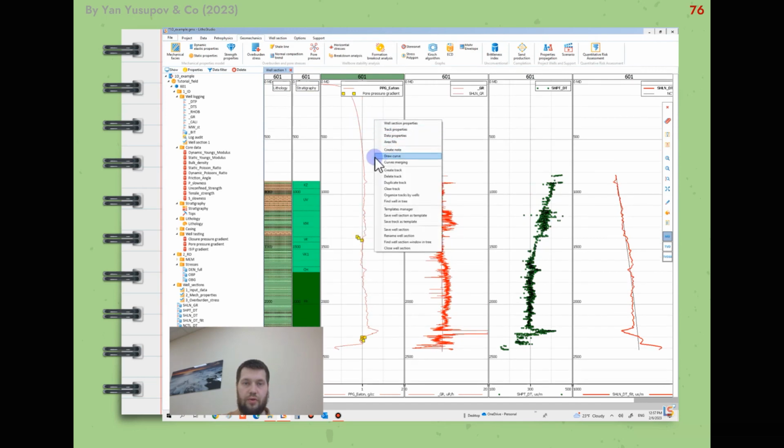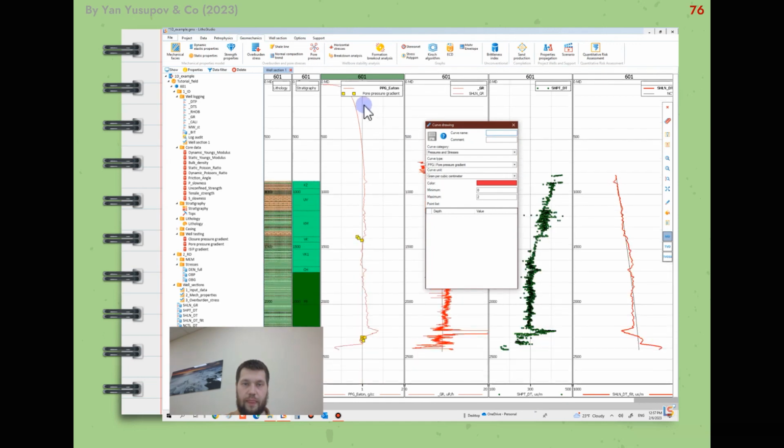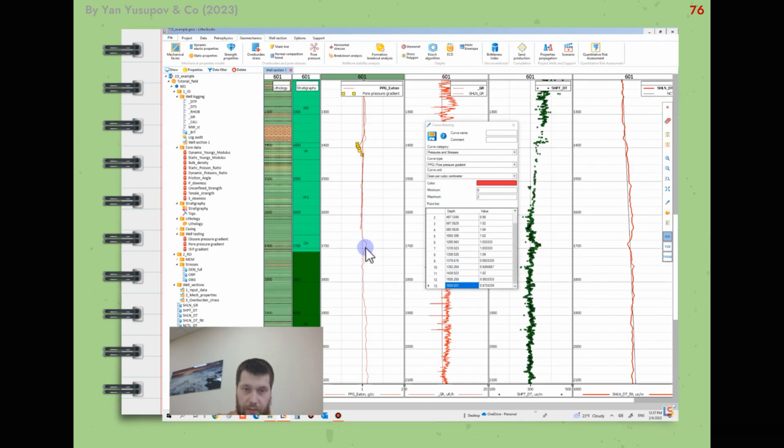To draw a new curve, let's use draw curve and make a first point at 1. Okay, let's approximate the curve.